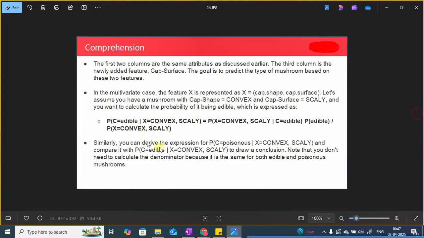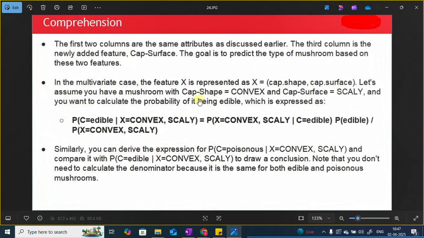Now you can see if you calculate that one, it's coming like this. The first two columns are the same attributes as discussed earlier. The third column is the newly added column, that is cap surface. The goal is to predict the type of mushroom based upon these two features. In the multivariate case, the feature x is represented as x equals cap shape and cap surface, because I'm taking a combination of two different features.